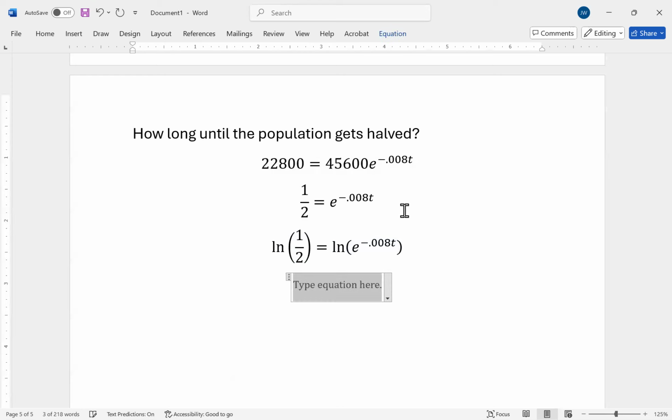And then the right-hand side becomes just negative 0.008 t. Dividing both sides by negative 0.008 gives me, well, I'm just going to give the approximate value, 86.64, approximately.